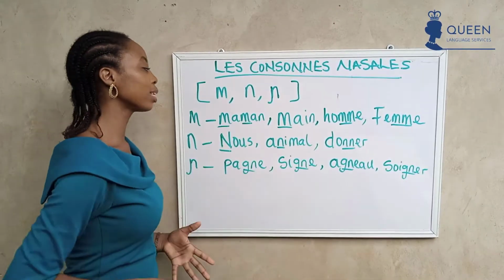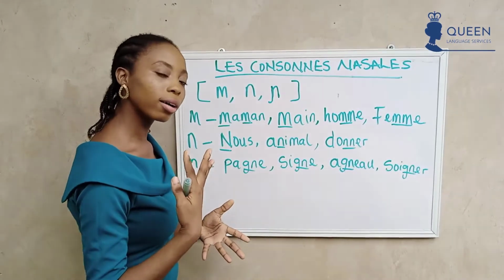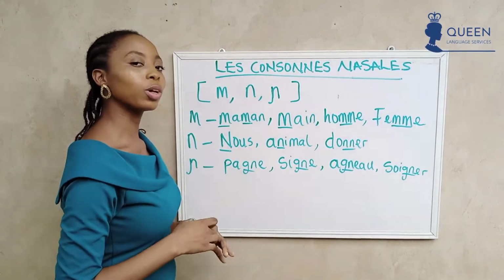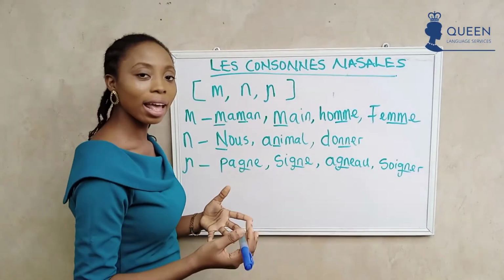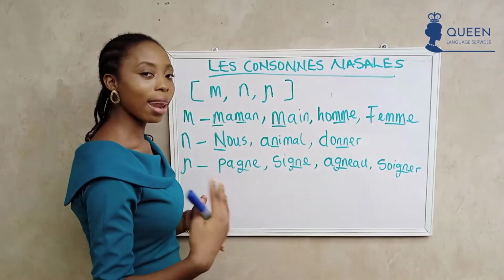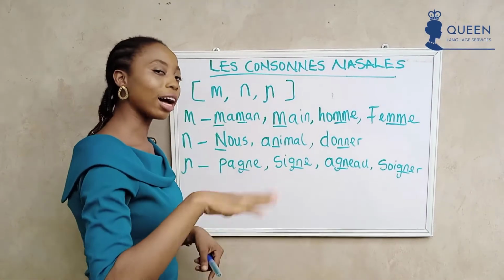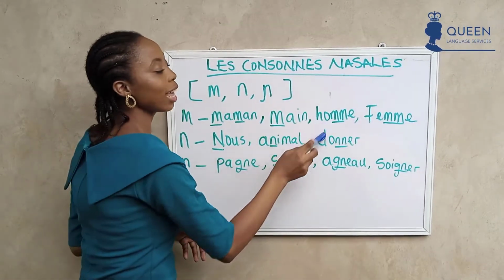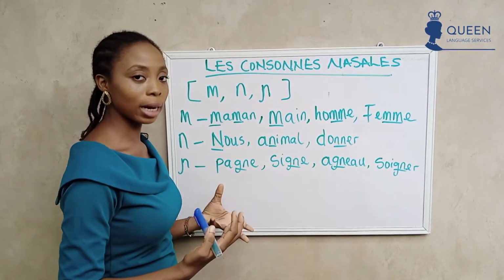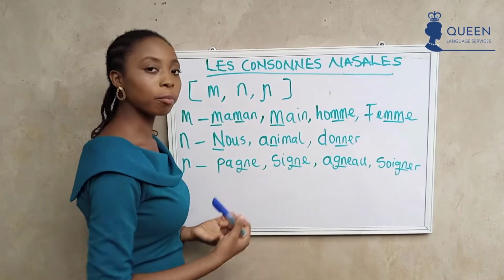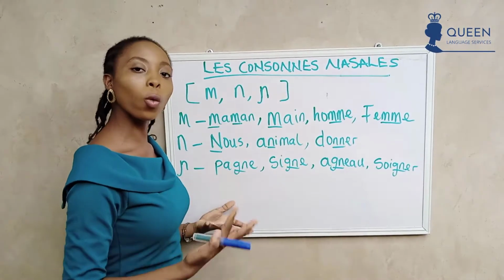We have it in words like ma. Can we hear the m sound? We have it in me, la me. We have it in words like homme, which means man. We have it in words like femme, which means woman.